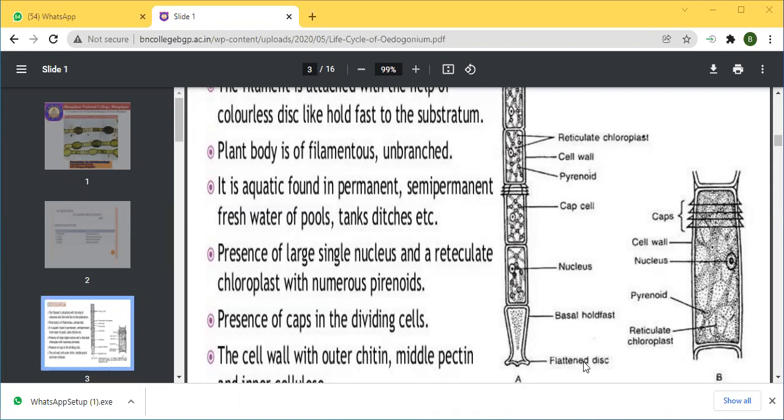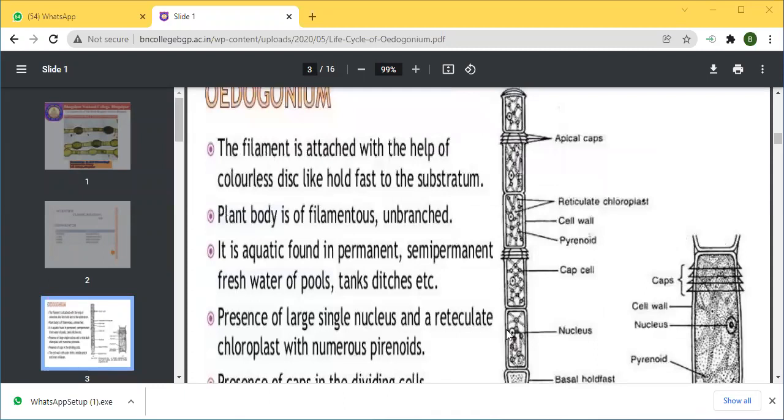Okay. Next one, the second point: plant body is filamentous. Yes or no, girls? You can observe the filamentous plant body is unbranched. Ikkada branches is totally absent, girls. Filamentous plant body, unbranched. It is aquatic, found in permanent, semi-permanent freshwater pools, tanks, lakes, ditches.